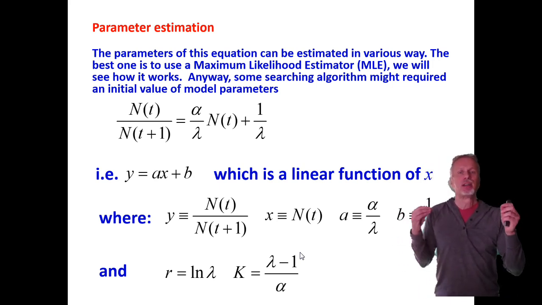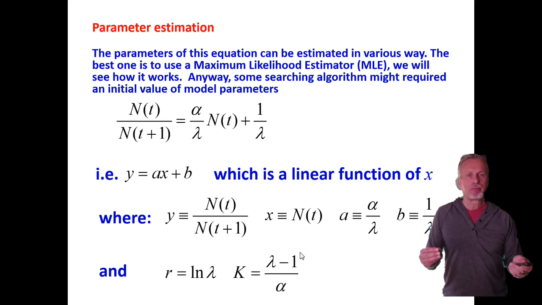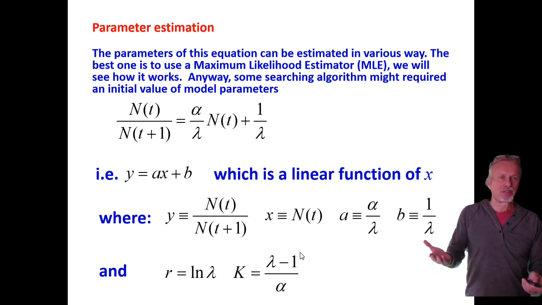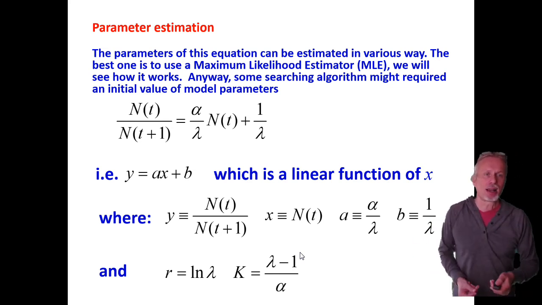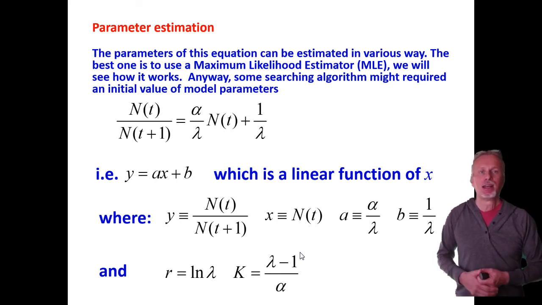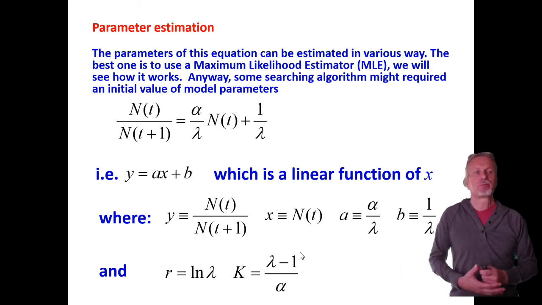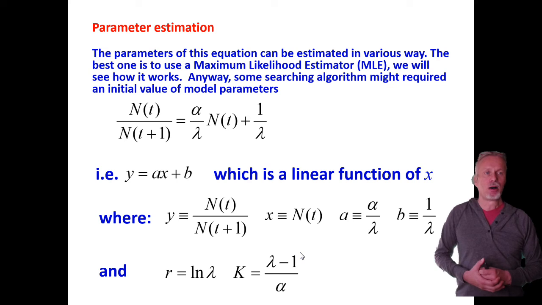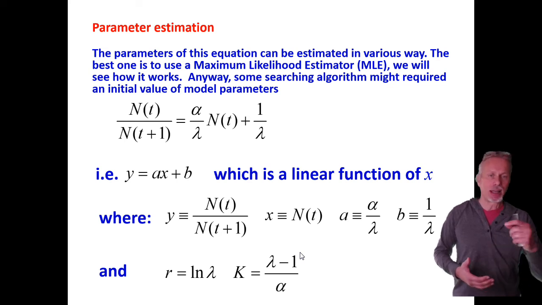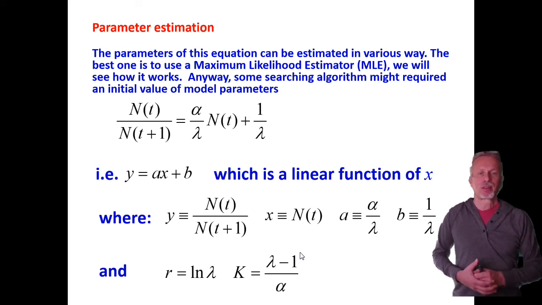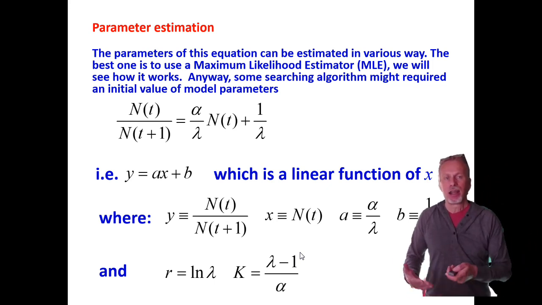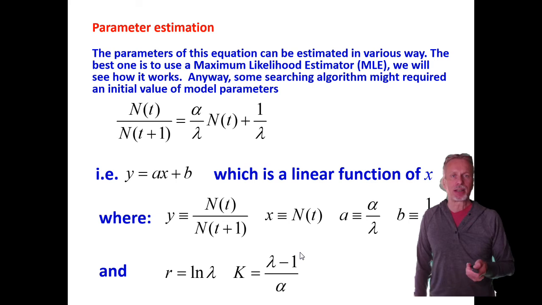We can use linear regression to estimate the slope a, which will allow us to compute alpha divided by lambda, and the intercept, which will allow us to compute 1 over lambda. And so we can use this information to derive initial estimates of the intrinsic growth rate r and the carrying capacity K.